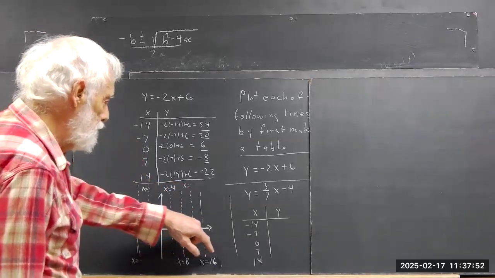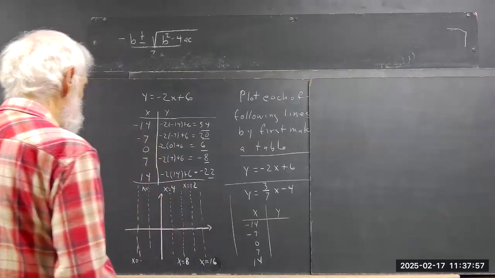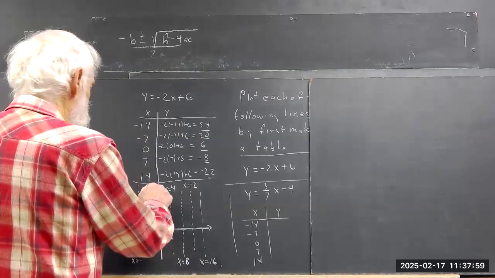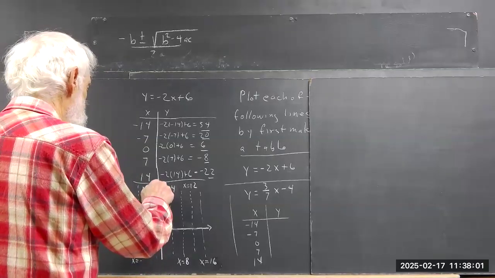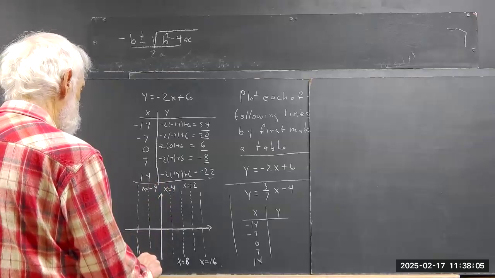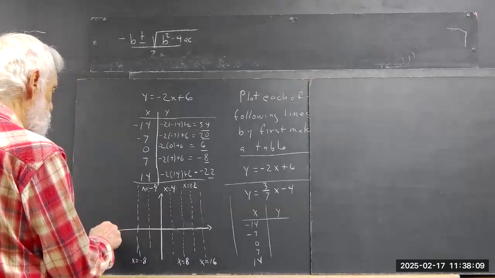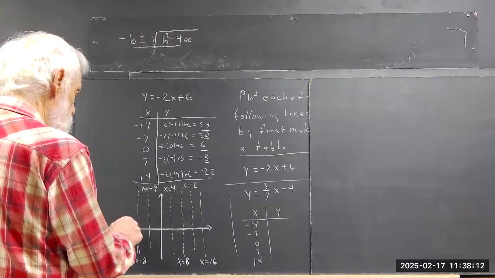And halfway between 8 and 16, you can figure out easily, is 12. So over here, I'm going to have X equals -4. And X equals -8. And then I've got to go to -14.